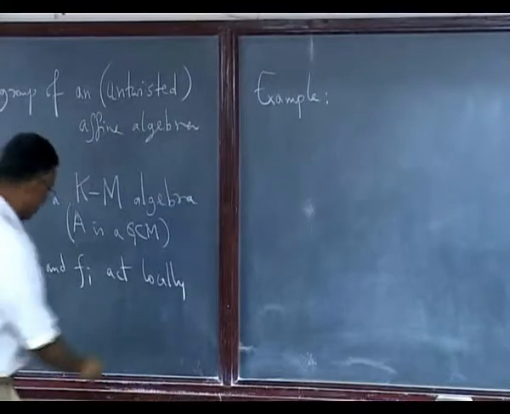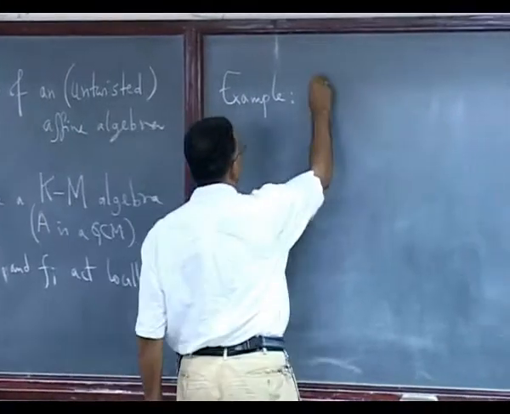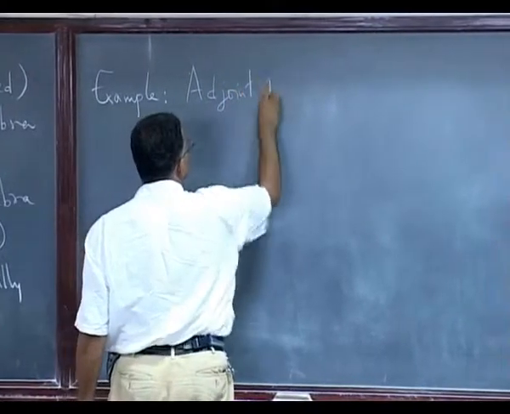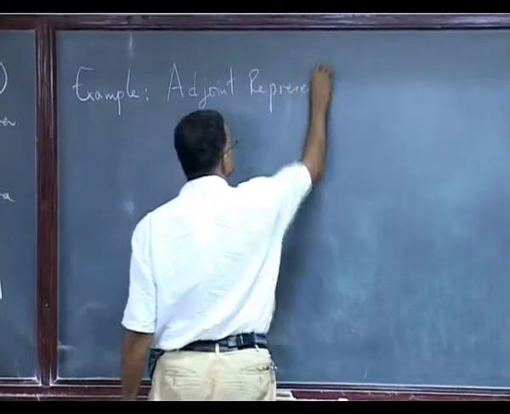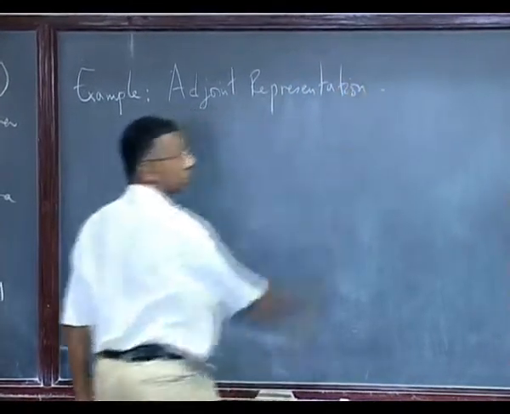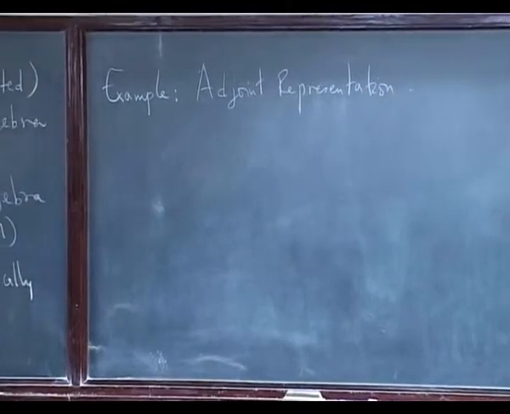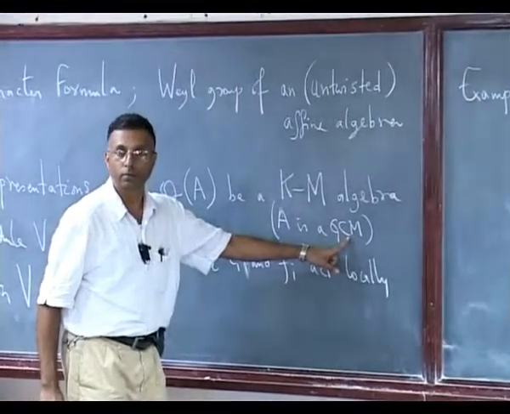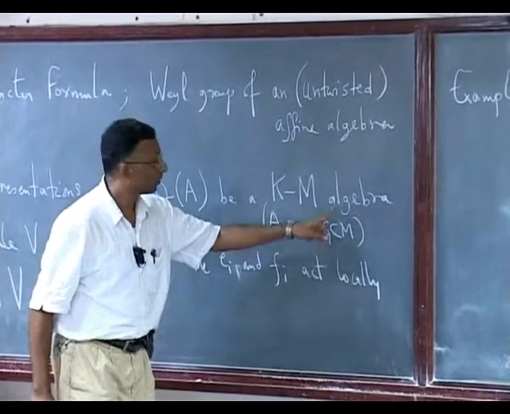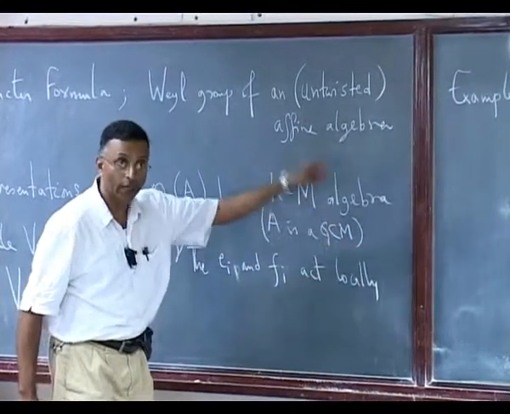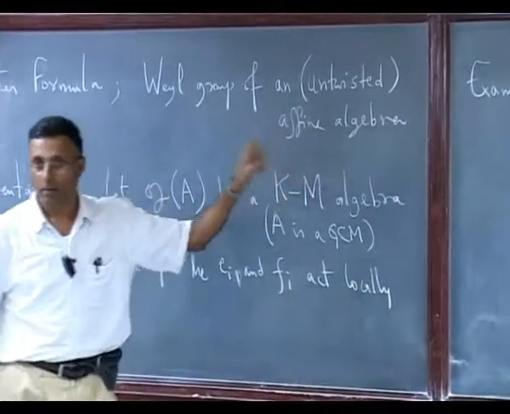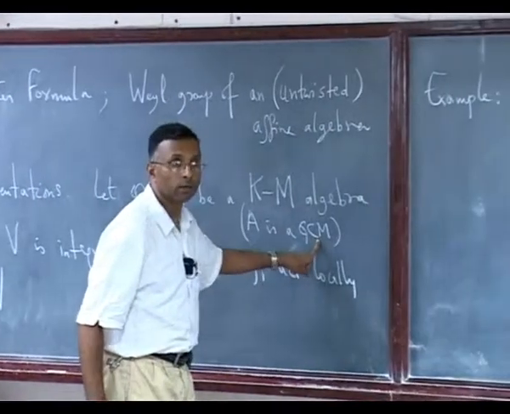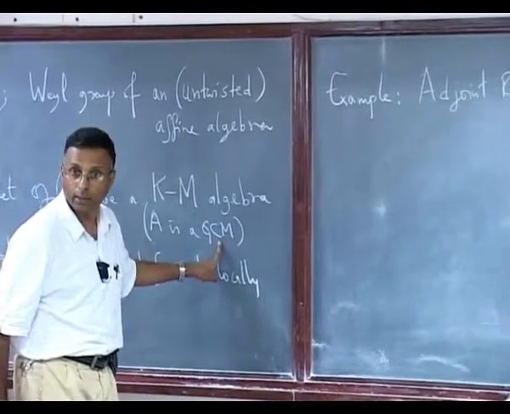Here is the main example of an integrable representation, the adjoint representation. Here you will see that this is required. I will not prove this, but I will do a calculation which will use the axioms of a generalized Cartan matrix.